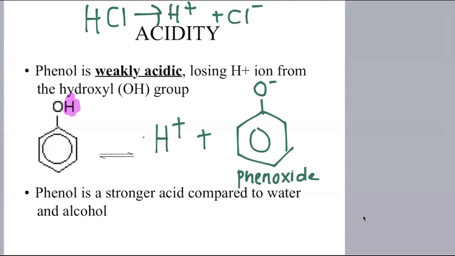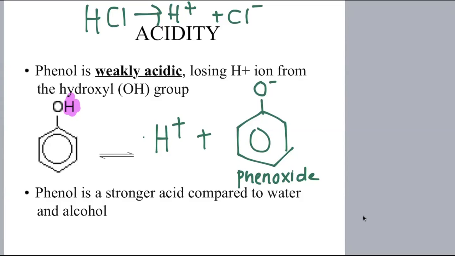I would say phenol is more acidic compared to water and alcohol. Try to avoid using the term a stronger acid. It's not wrong, it's just that it can be confusing because phenol is still a weak acid.